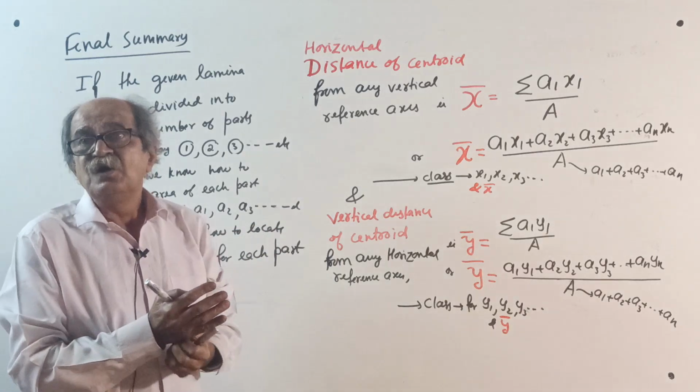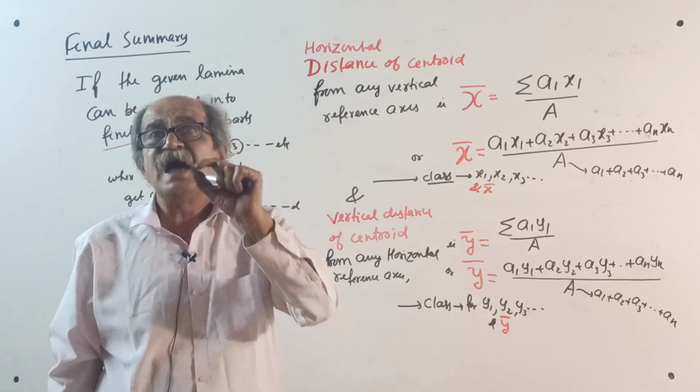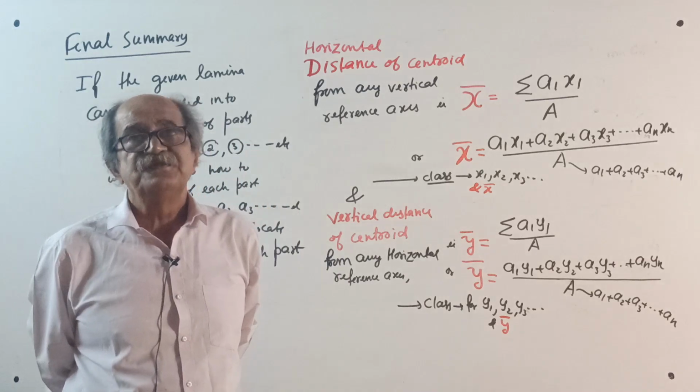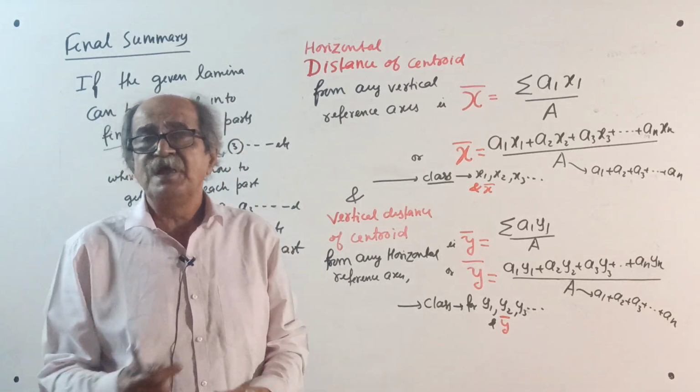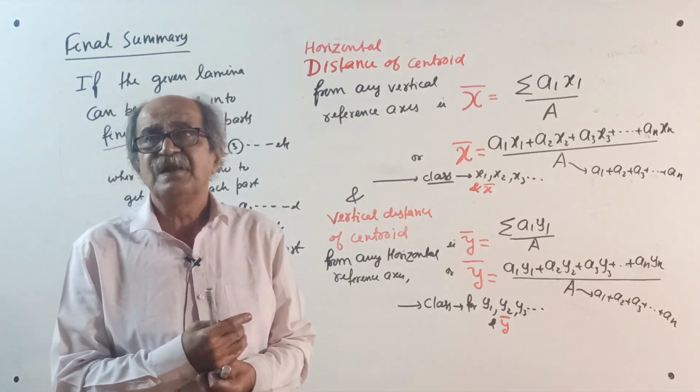So the part you are considering should be a standard part, like rectangle, triangle, semicircle, circle, quadrant of a circle, because we will have formulas for those.